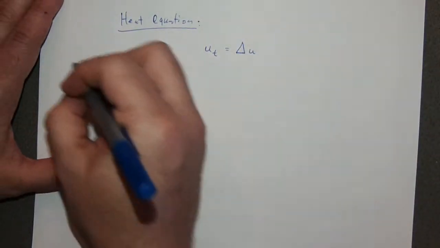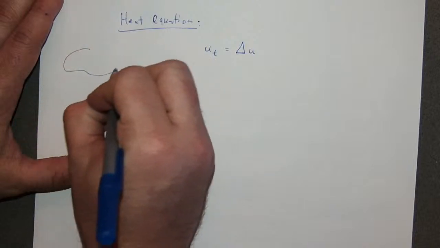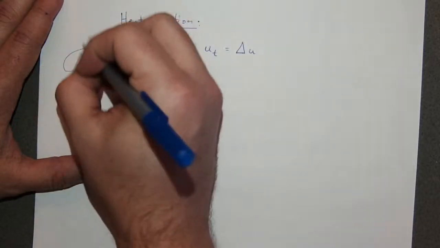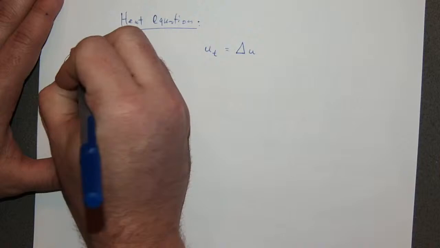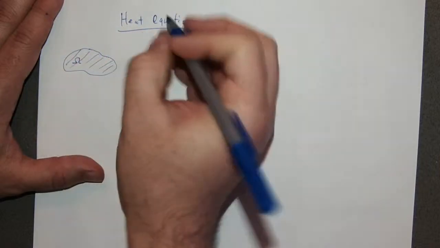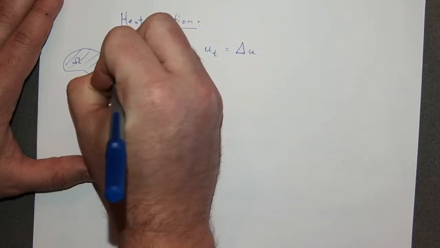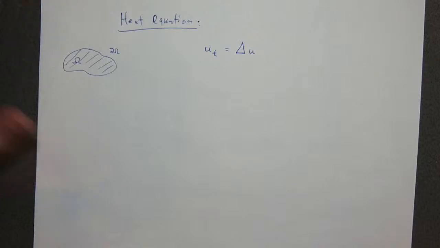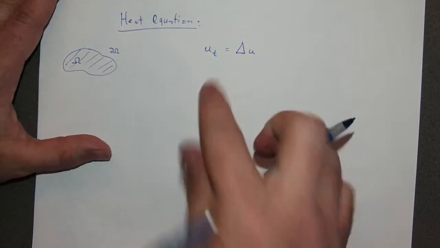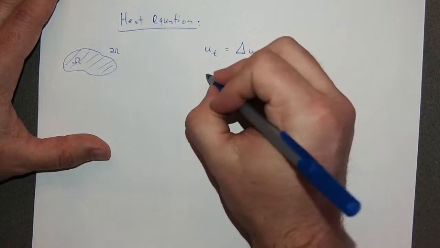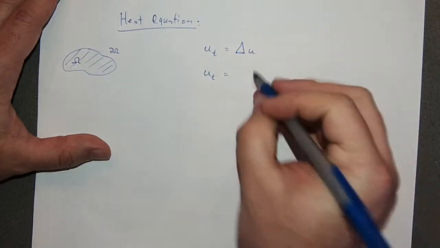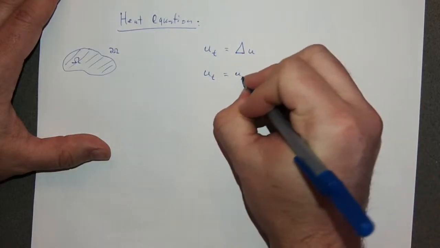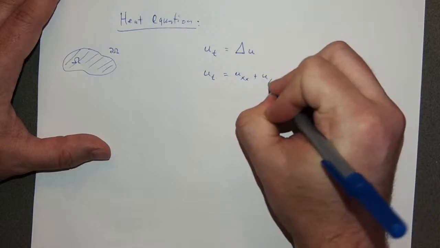And usually you start out on a region, we'll call it omega. This region has a boundary that we write del omega here. This is the boundary. And this is a 2D region, we'll say. And so the 2D heat equation would look like this, since the Laplacian is written in this way.